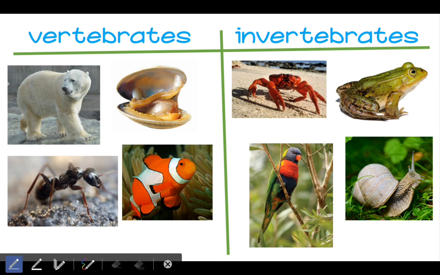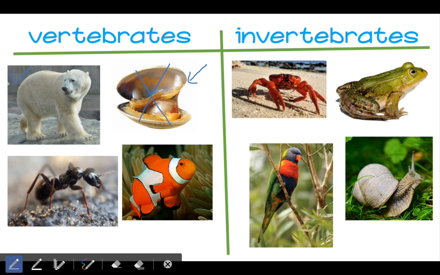is this polar bear vertebrate or invertebrate? It's vertebrate, so it is correct. It is a vertebrate animal. So, tick it. It's perfect. Look at this clam here. Is this clam vertebrate?